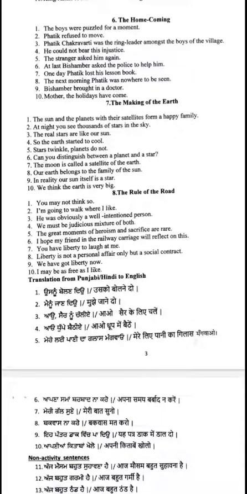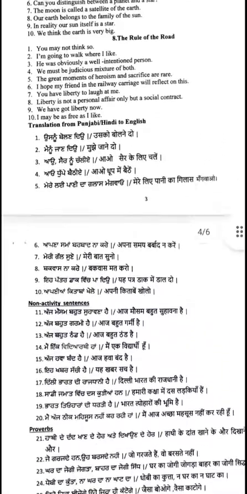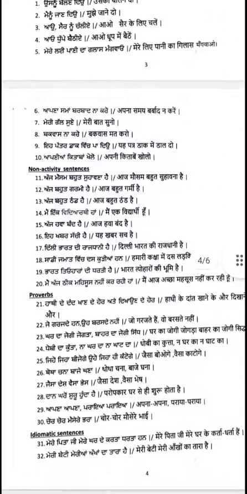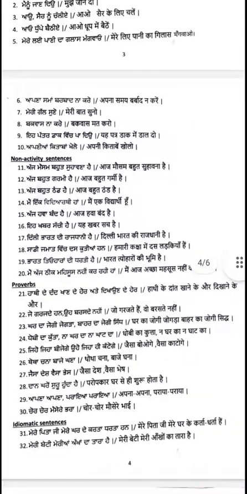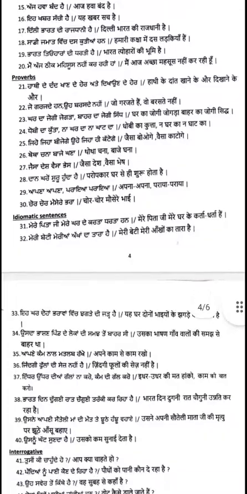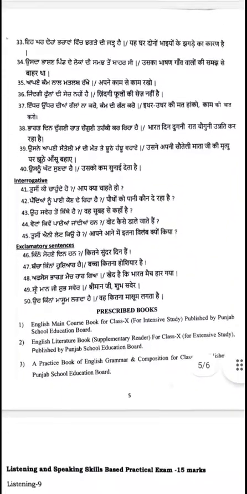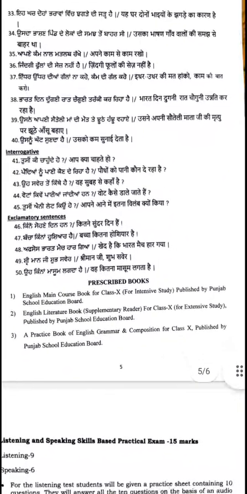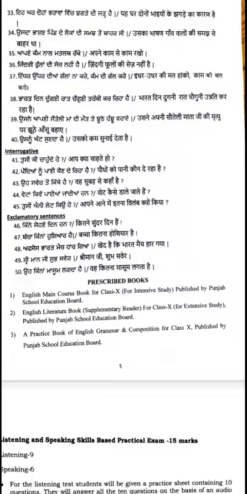Then for translation from Punjabi or Hindi to English, these sentences are given. So these are the sentences. Idiomatic sentences, proverbs, non-activity sentences, all these are included. Interrogative, exclamatory sentences, these are for your translation part.